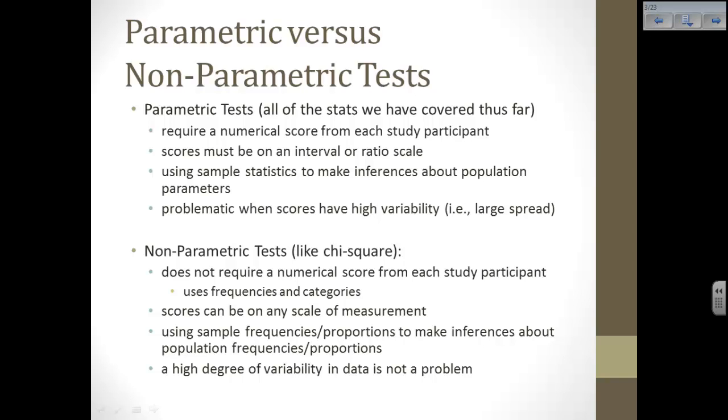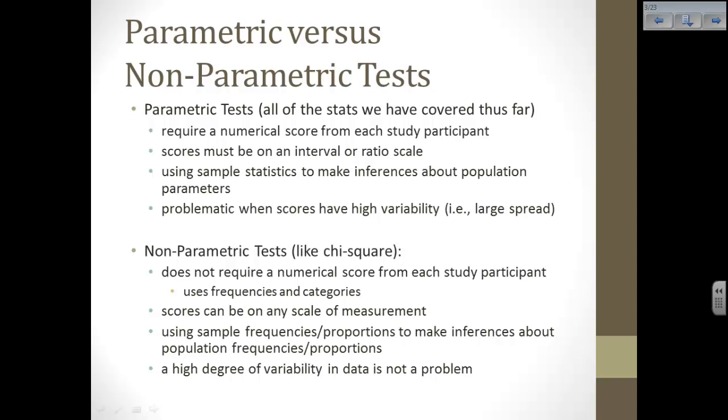In ANOVA, if the error in the denominator of the F statistic is really large, then the overall test statistic is going to be smaller as well. And again, smaller test statistic, not likely to exceed the critical value, difficult to reject the null hypothesis.